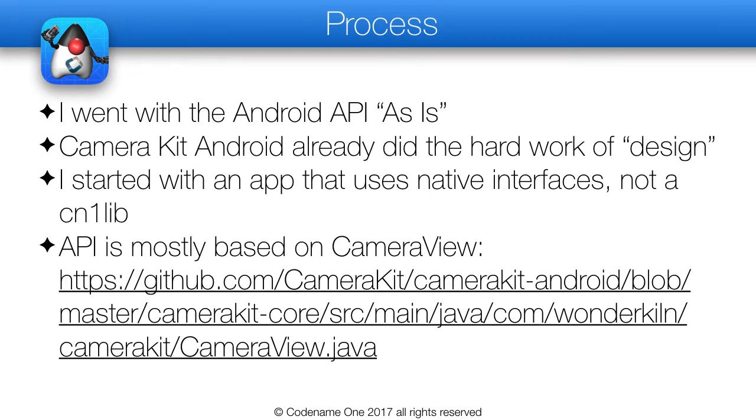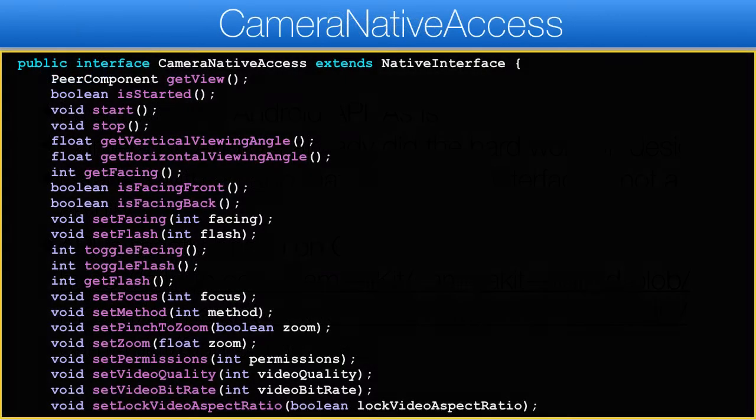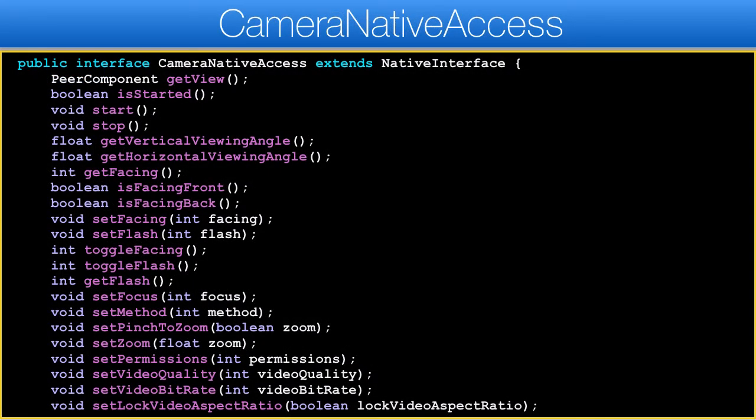As I mentioned before, I decided to model the API based on the Android Camera Kit API, which is mostly exposed in the Camera View class. You can see it in the Camera View project. Camera View is a big class with a lot of UI code, so I wanted to distill the API calls within.